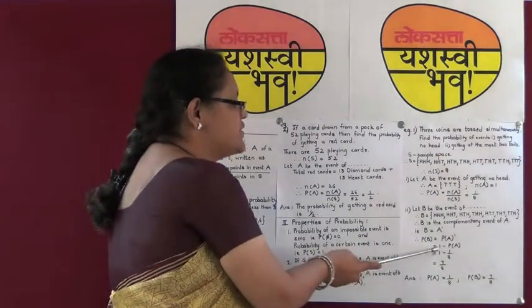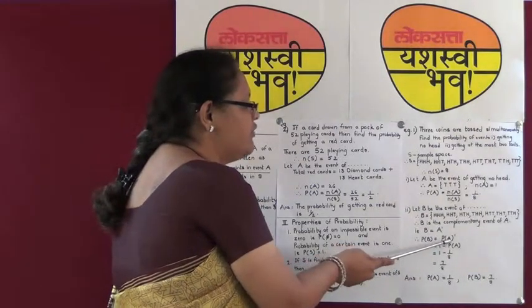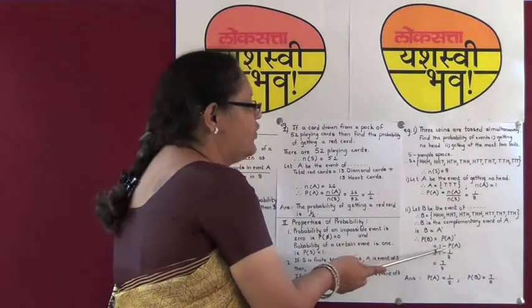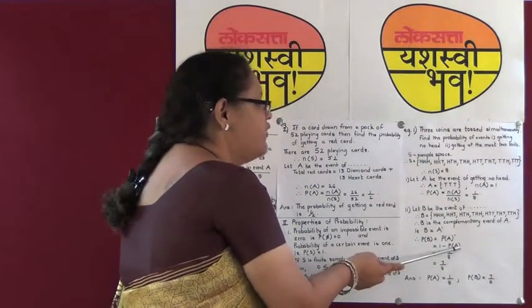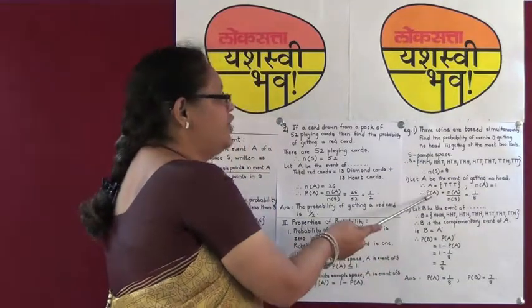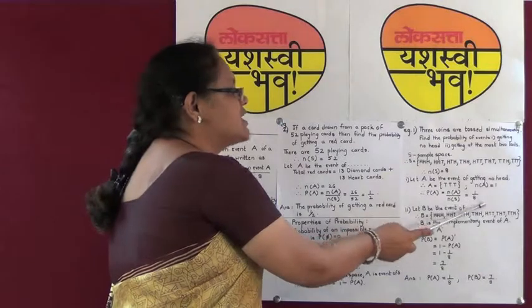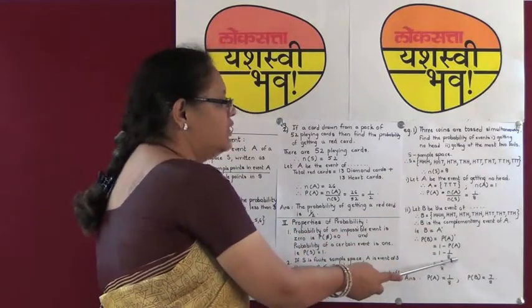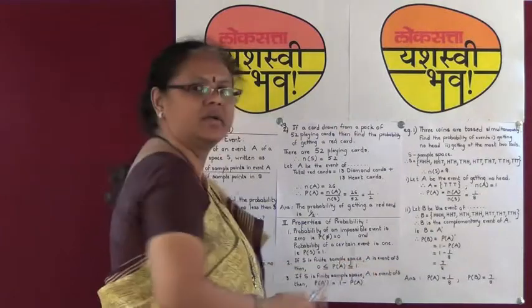We are just going to substitute that on the right hand side. Instead of writing the probability of the complement of event A, we write 1 minus the probability of event A. We have just now found the value of the probability of event A, that is 1 upon 8. We substitute this value on the right hand side and we write 1 minus 1 upon 8.